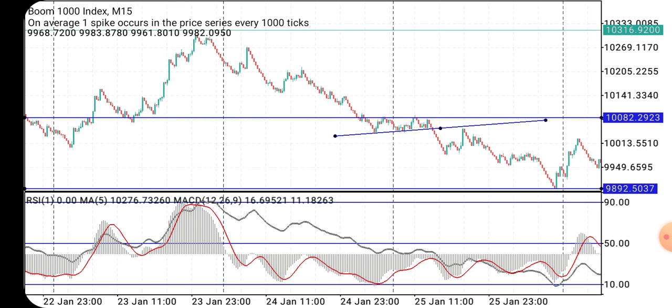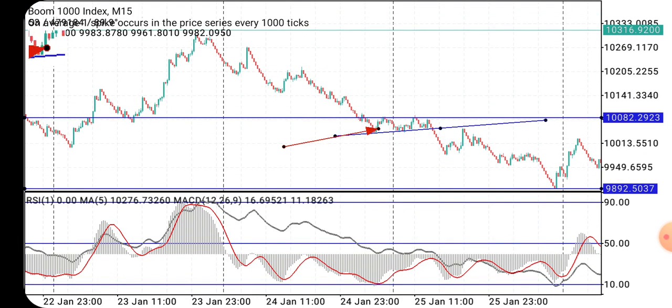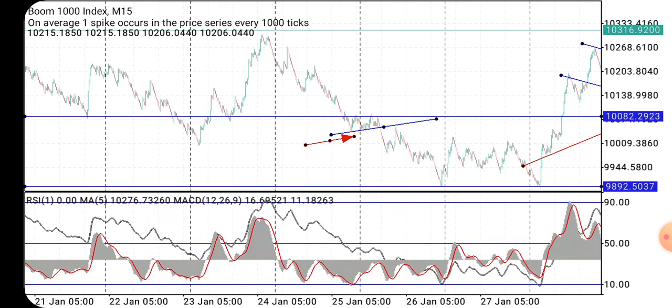So the market was consolidating in this little channel, consolidating. Then it broke out, then it came back and retested our trend line. Then we should have entered a sell position right there. Simple, beautiful. I'm sure you have a PDF on that one, and I'm sure you properly understand it, right?